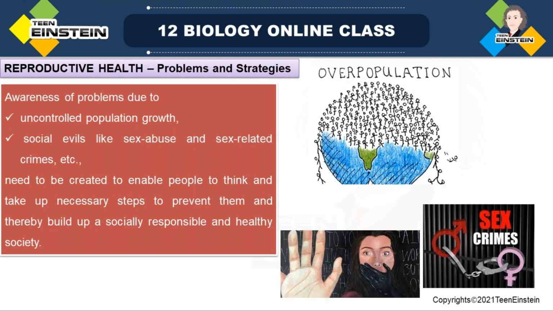If they don't have any idea about all these things, definitely they won't think, the uneducated people and all. So we should give awareness so that we can prevent all these issues, and that's how we need to build up a healthy society. That's our responsibility. Okay. Each and everyone is responsible for all these things.